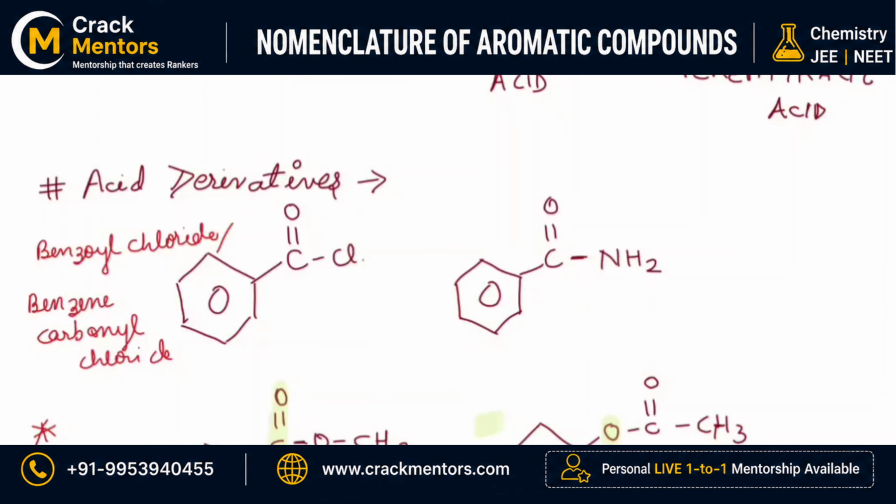So either we will write benzamide, that is the naming pattern of amide, or if we want to write benzene as it is and then add something, then we will write benzene carboxamide. Now comes these two special structures.